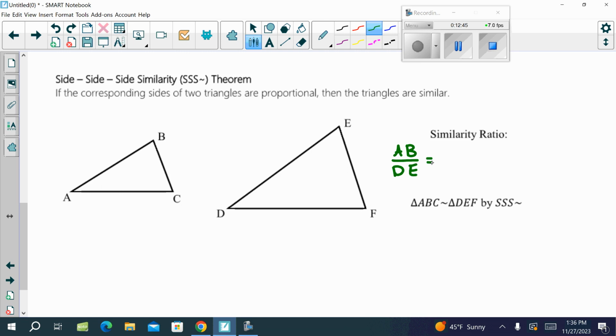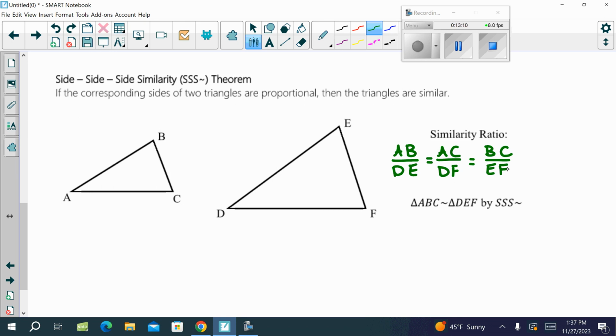And it needs to be proportional to, pick another side. AC and DF. And what's your third side? BC over EF. BC, EF. Very good. So then we could say those are similar by side, side, side, because we proved all 3 sides were the same.